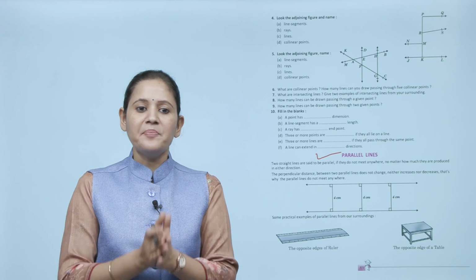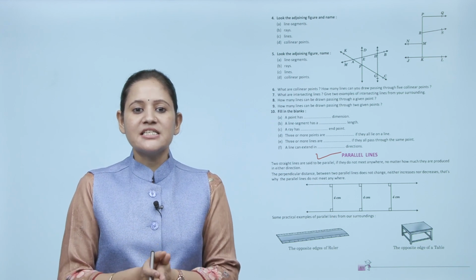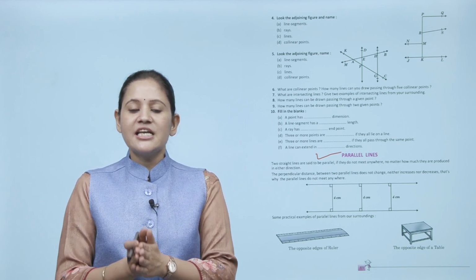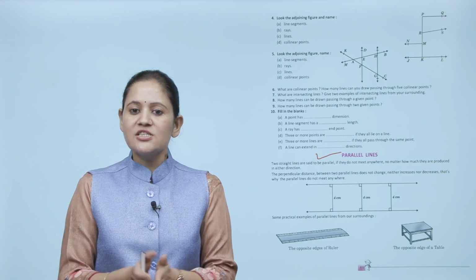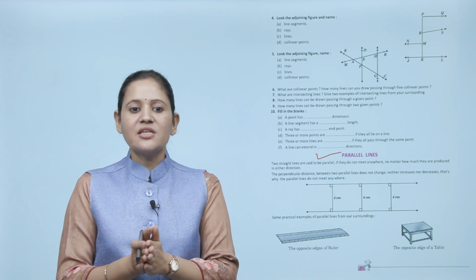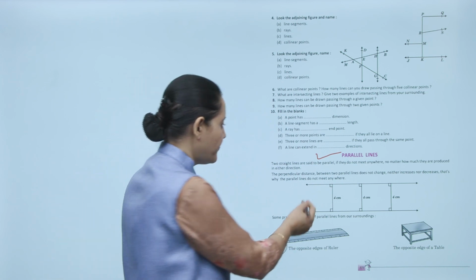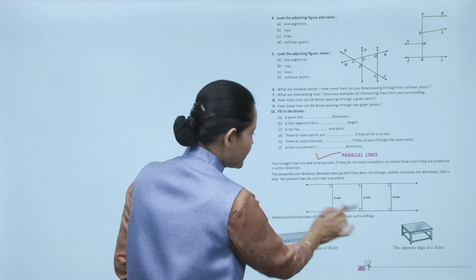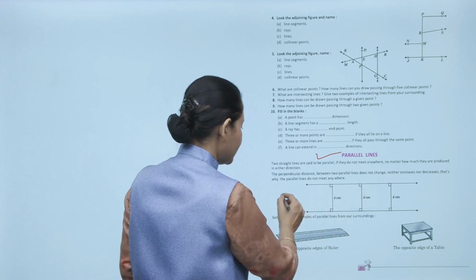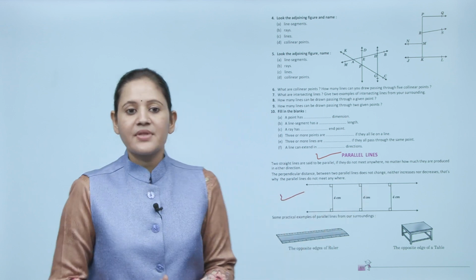That means the lines are parallel. The perpendicular distance between two parallel lines does not change, neither increase nor decrease. That's why the parallel lines do not meet anywhere. So the distance between them remains constant: 4, 4, 4. So these are parallel lines.